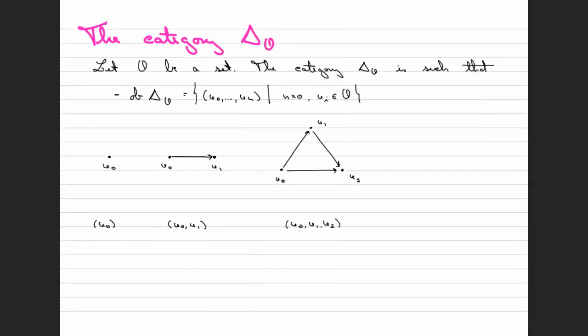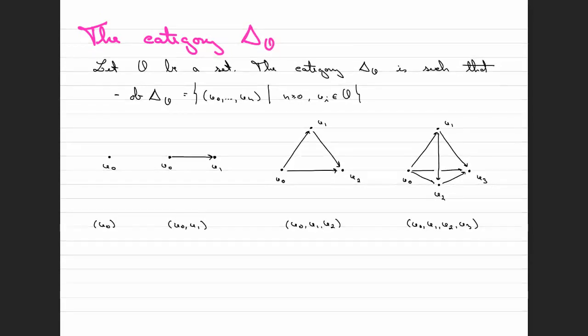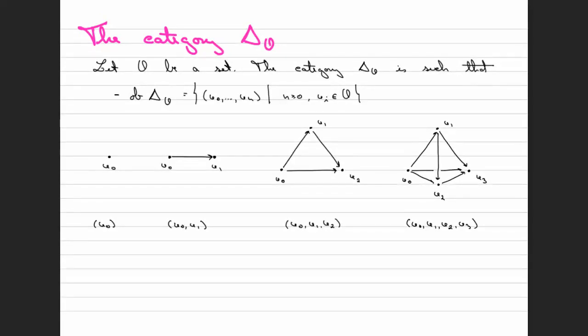And then we also have a triple, x0, x1, x2, that we think of as a triangle. And then we also have the tuple x0, x1, x2, x3. We think of it as a directed tetrahedron with the vertices labeled like that. And then, of course, maybe we also have x0, x1, x2, x3, x4. That's going to be a four-dimensional tetrahedron, and so on and so on.